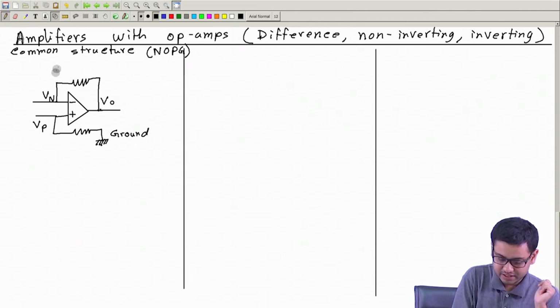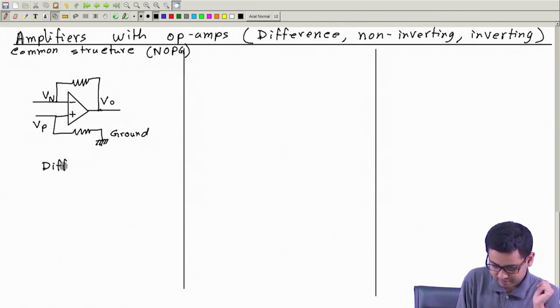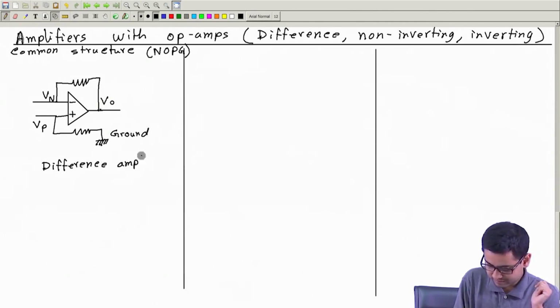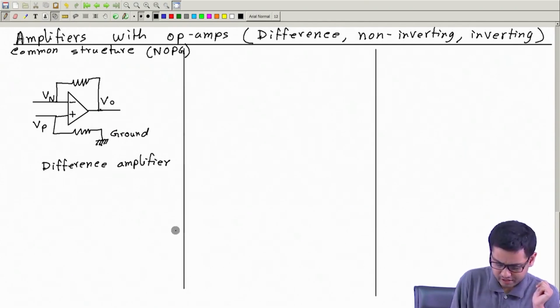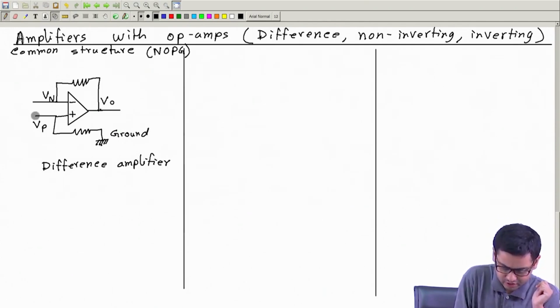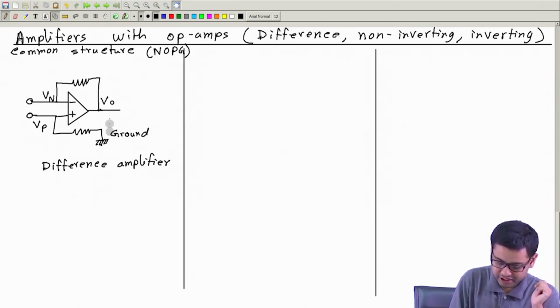And this is called the difference amplifier. Why is it called a difference amplifier? It has two inputs, so these two will act as the inputs of the overall circuit.